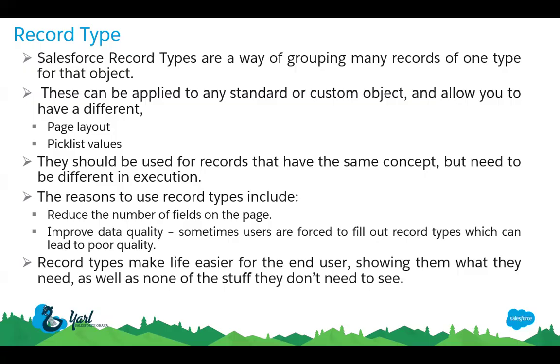So a lead can be converted into a business account or it can be converted into a person account as well. If there is a business account, then there has to be a contact. Right? Optionally, you can create an opportunity.